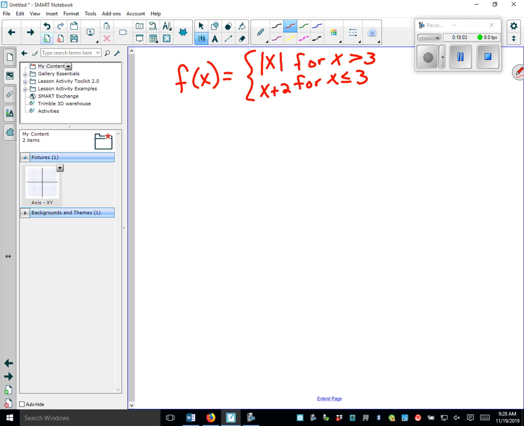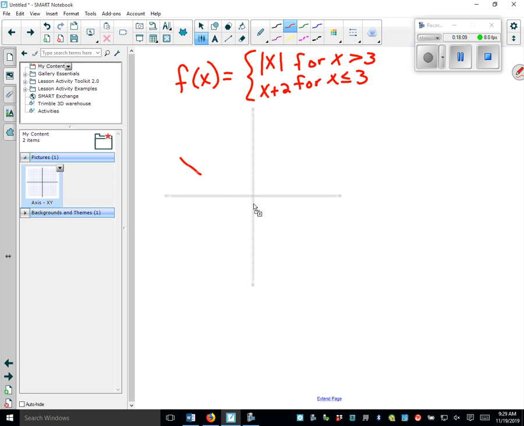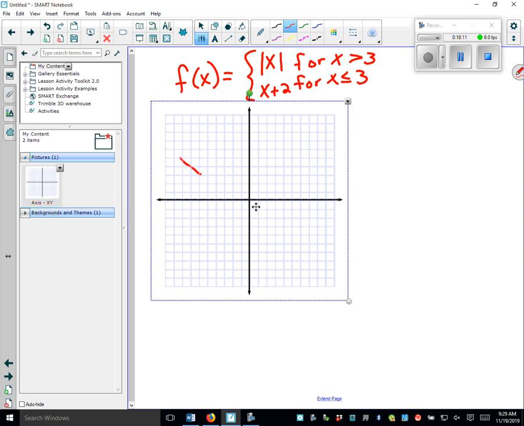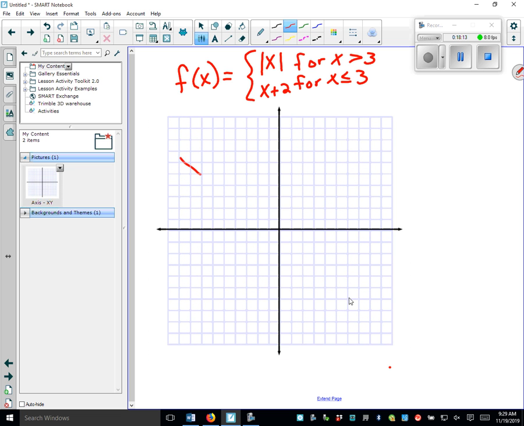So I'm hoping you can do that. Okay. You're going to graph the top piece on your calculator? That's the easiest, isn't it?